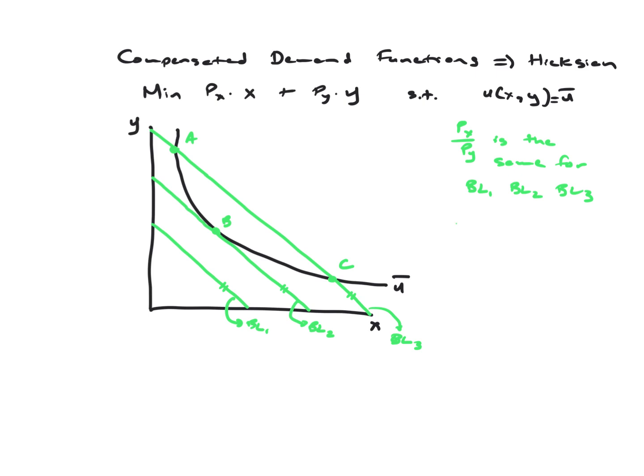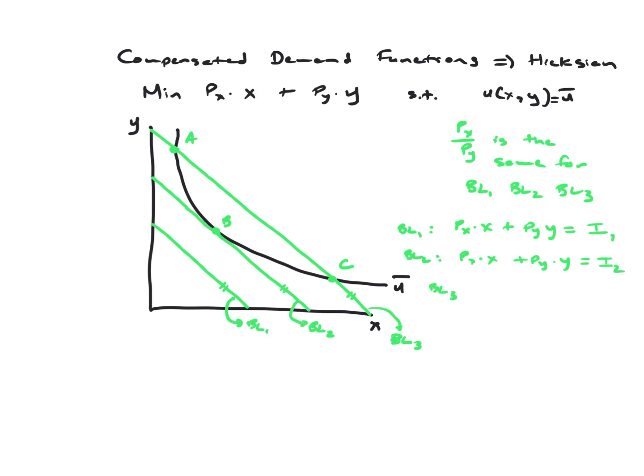So keep in mind, each of these budget lines has an income or spending level associated with it. So budget line 1 has income level or spending level 1 associated with it. Budget line 2 has a different level of income or spending associated with it.